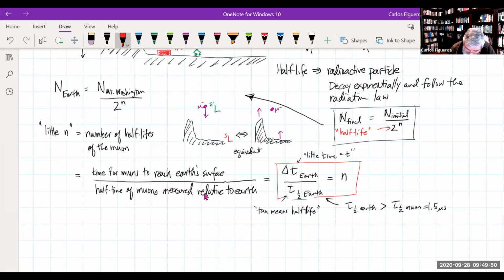So here's what we need here. To get the number at the top of Mount Washington, you could see here is that I need what? I need the number of particles at the Earth.